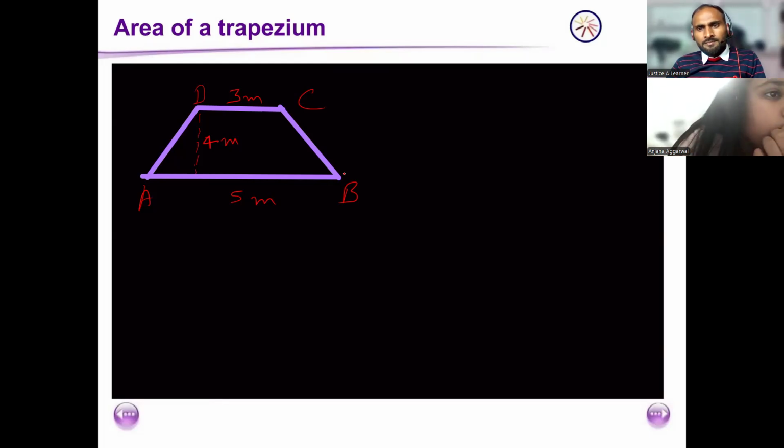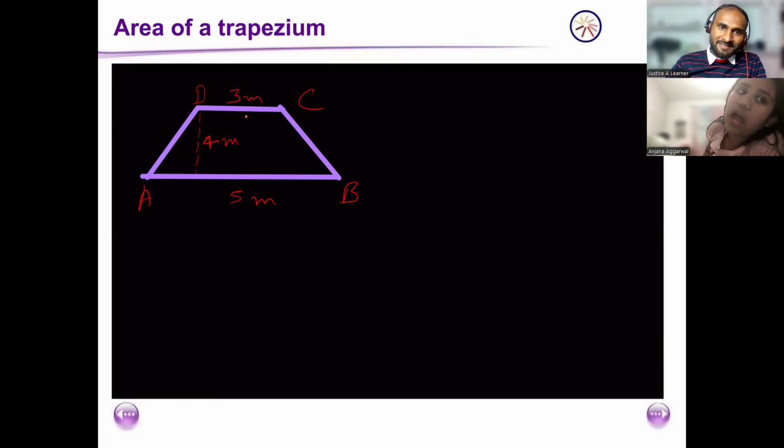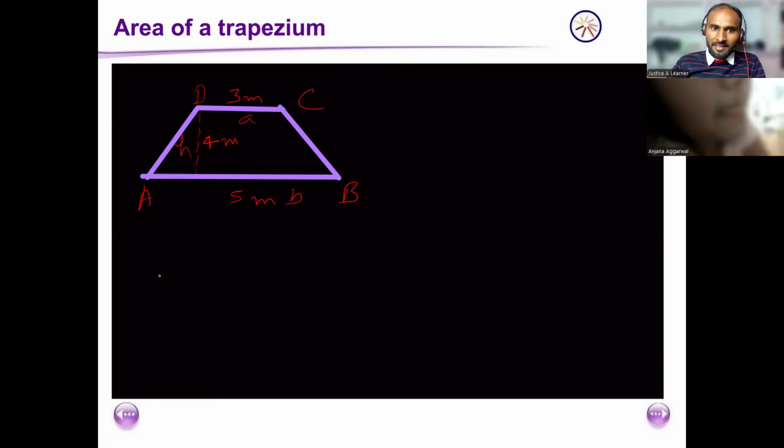What's the formula, B into H? You forgot the formula? Was it B into H or was it the other one? I do remember the other one. This is A, this is B, and this is H. Now, can you guess the formula?